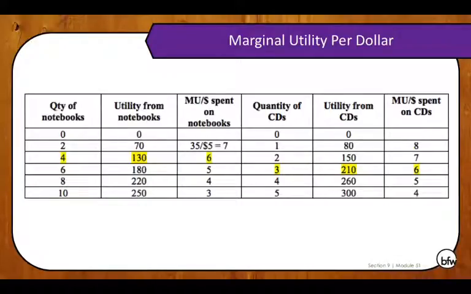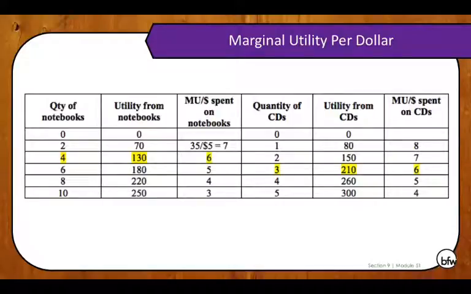So his marginal utility is 35 per notebook divided by the price of a notebook, which is $5, and that is equal to 7. This tells us that each dollar he spends on the first notebook gives him 7 additional happy points.